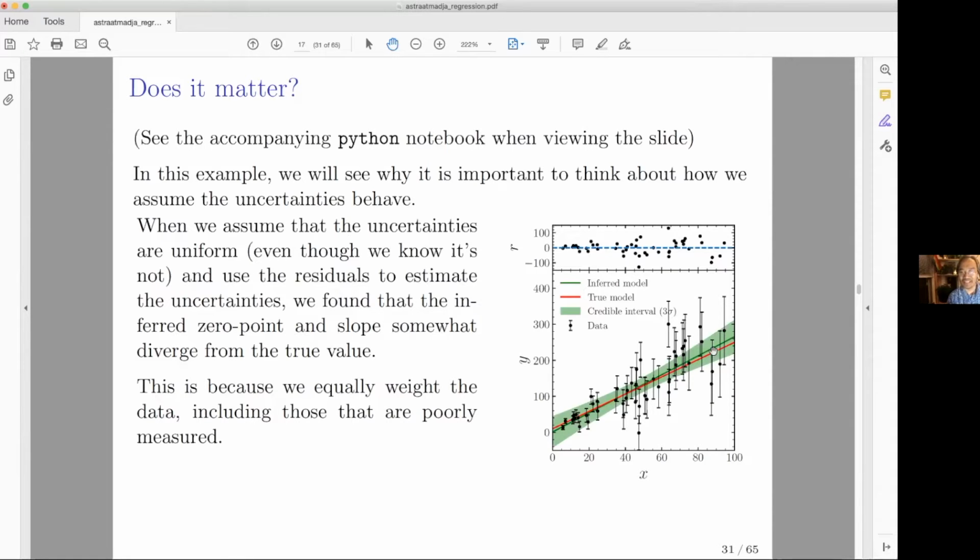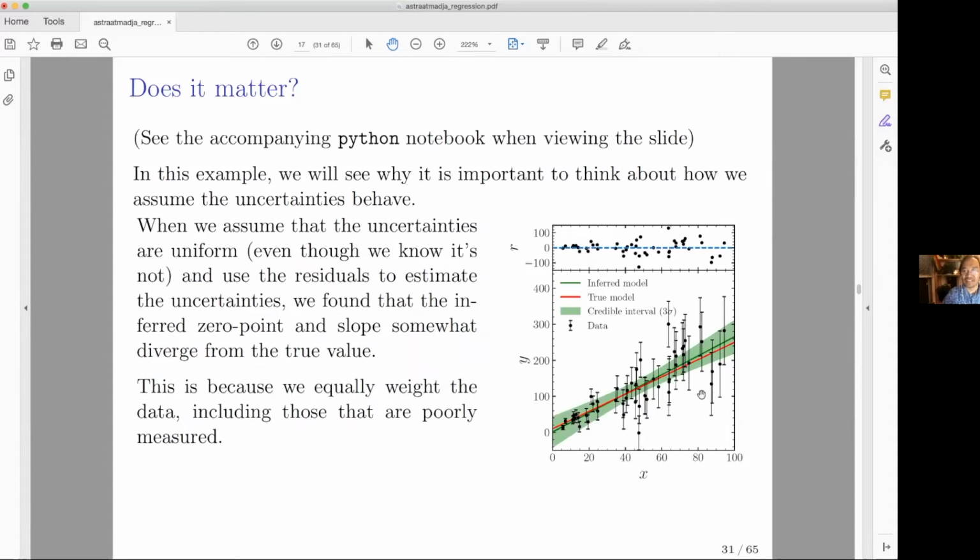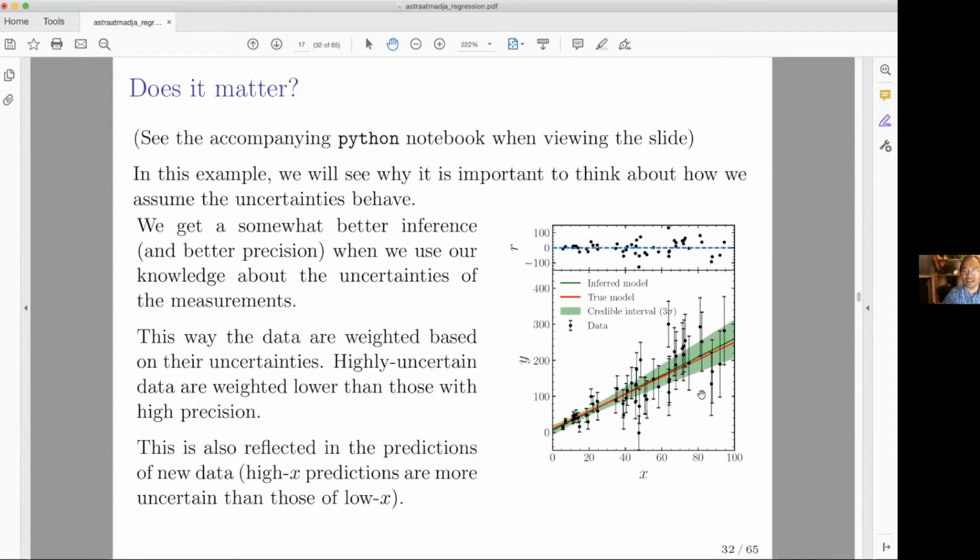It's quite different from the two values shown here in red, and the width of the credible interval is somewhat large. Now, if we use the information about the uncertainties in y, we get a better estimate. Here I go back, and this is the one where we assume the noise is non-uniform.